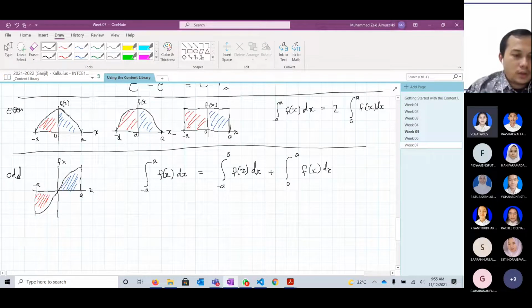And since we know one is on the lower half plane, the value of the integral is the negative of the integral from 0 to a of f(x) dx. So we have here plus the integral from 0 to a of f(x) dx, which is equal to 0.